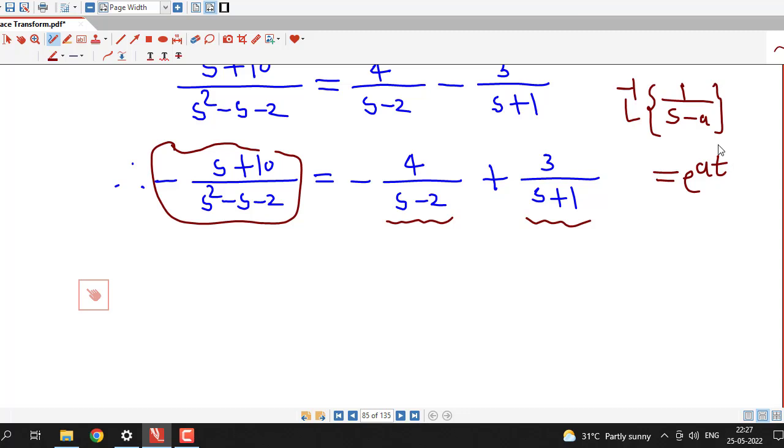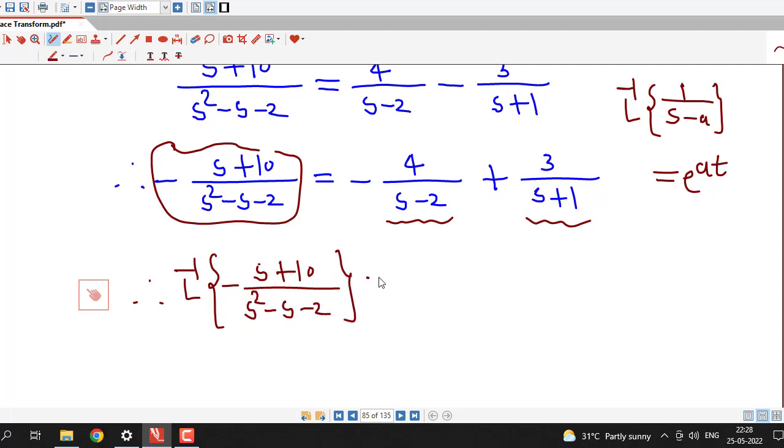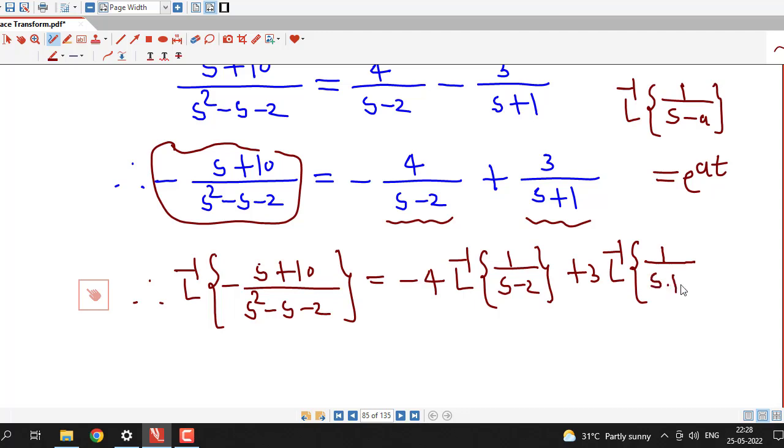So now we can use this formula and obtain the inverse Laplace transform of the given function. So the inverse Laplace transform of minus of s plus 10 divided by s square minus s minus 2 equals minus 4 times L inverse of 1 divided by s minus 2, plus 3 times L inverse of 1 divided by s plus 1.